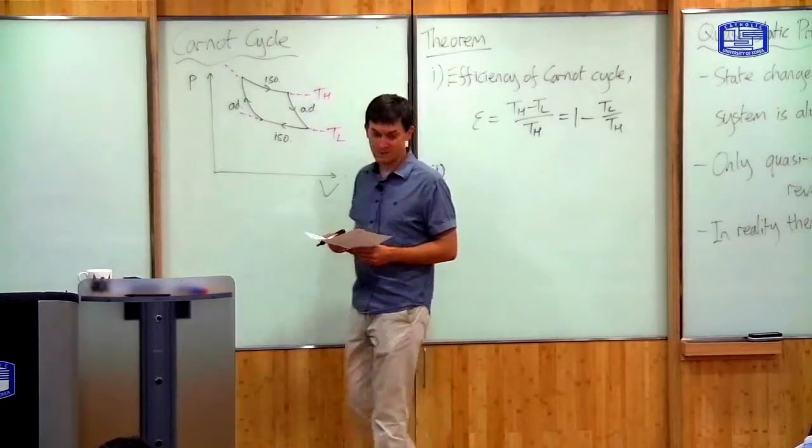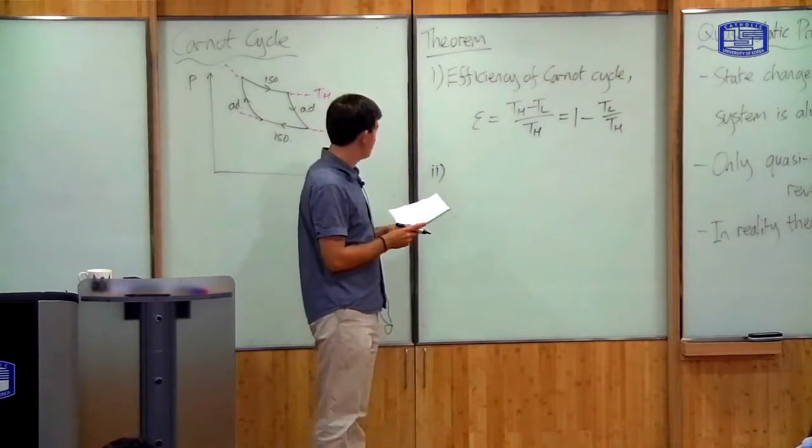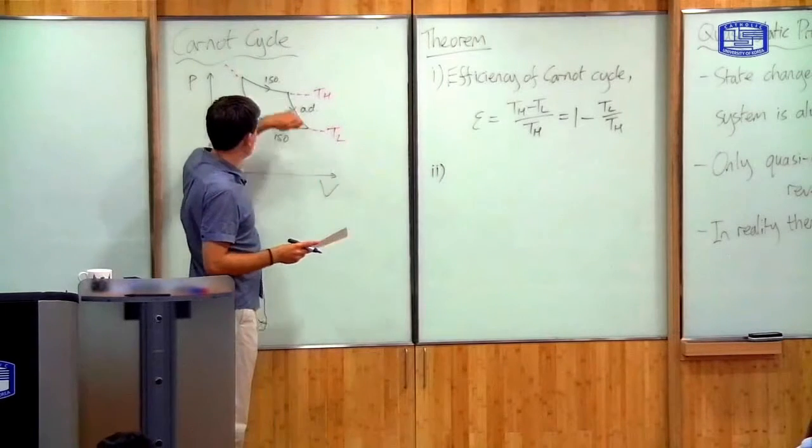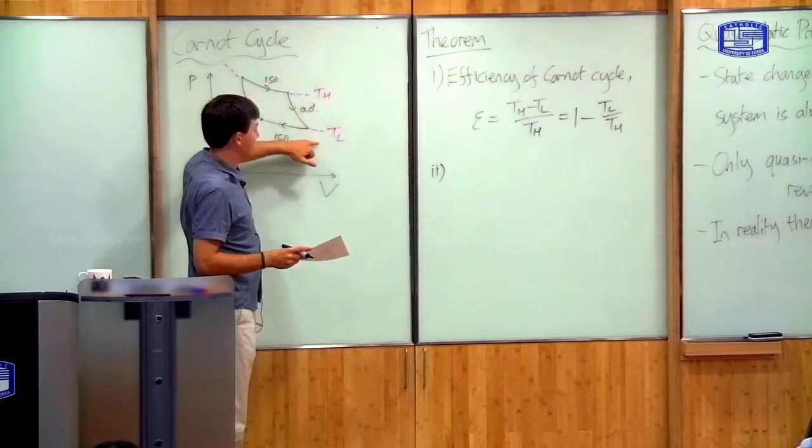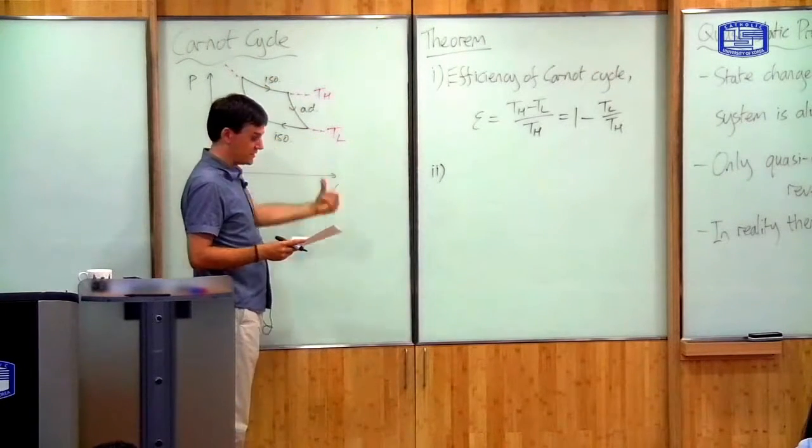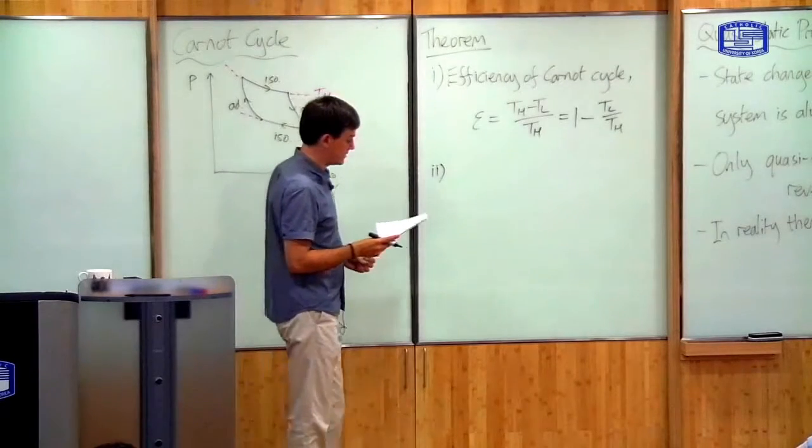And the second statement is, as I said, that it's the most efficient. So if I have any other cycle with maximum temperature TH and minimum temperature TL, the efficiency will always be less than that of the Carnot cycle.